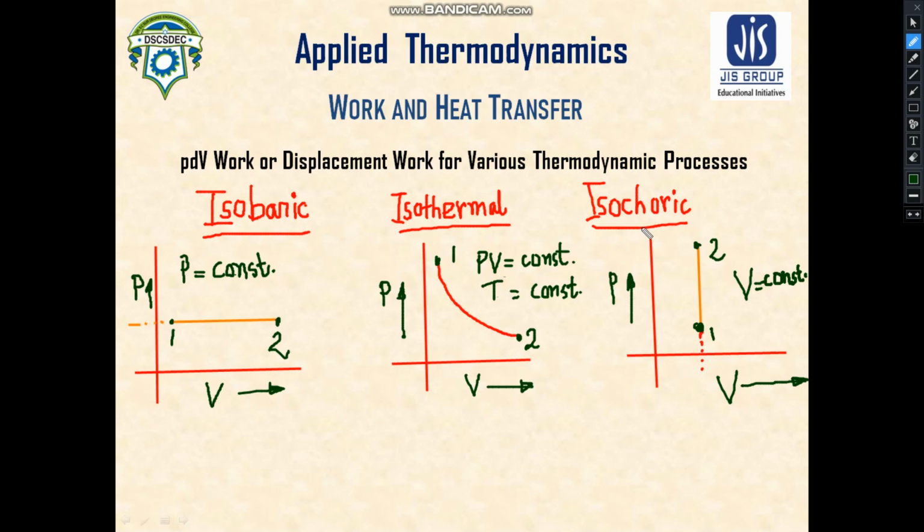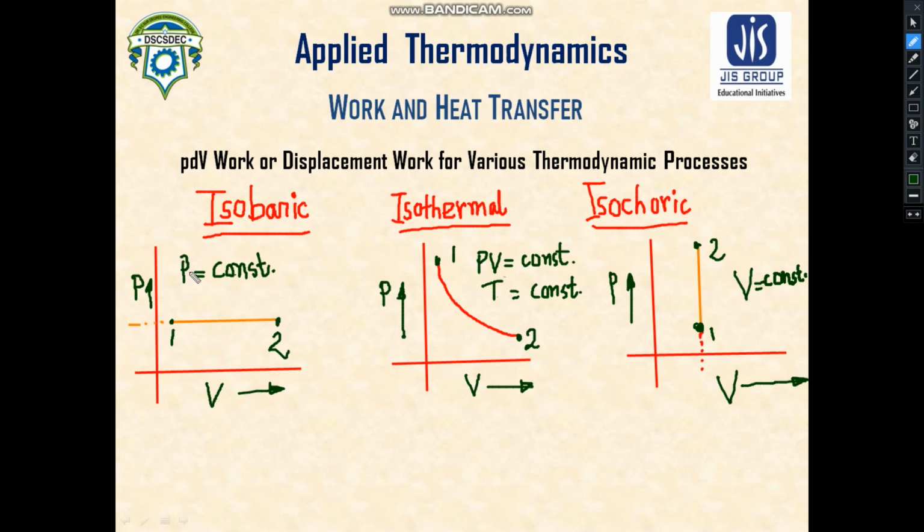And this one is for isochoric. So this refers to the constant volume process. Now our objective is to calculate the PDV work for all of these three processes. So let us start with isobaric, then we'll go on to isochoric, and then we'll move on to isothermal. Isothermal will take a little bit of time, so we'll do it in the later part.